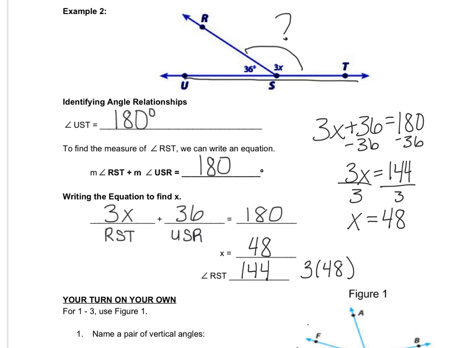So if we check our math, we will see that 3x is 144 degrees, so that is the measure of angle RST, 144 degrees. And if we check it, we should see that 144 plus 36 is equal to 180 degrees. Therefore, we have successfully solved for x and found the measure of RST.